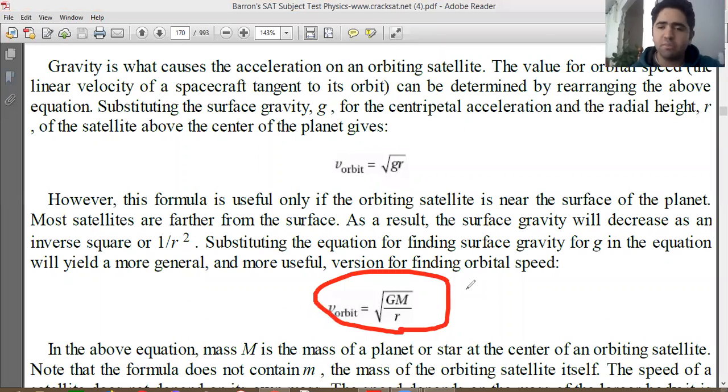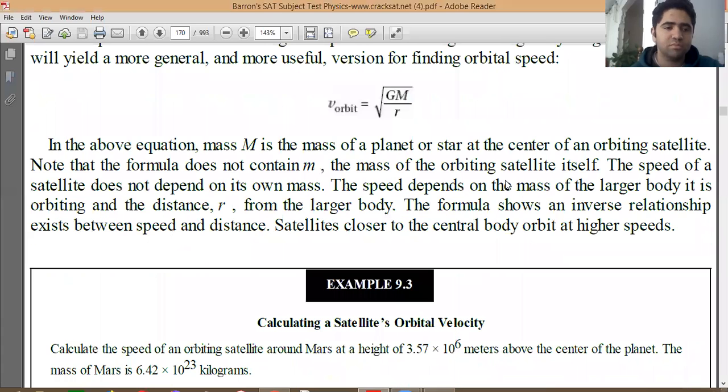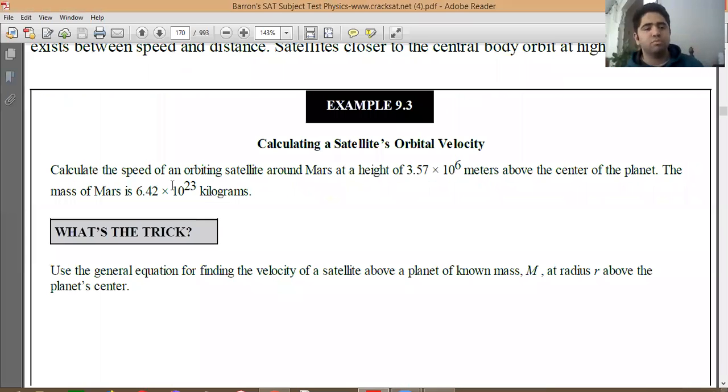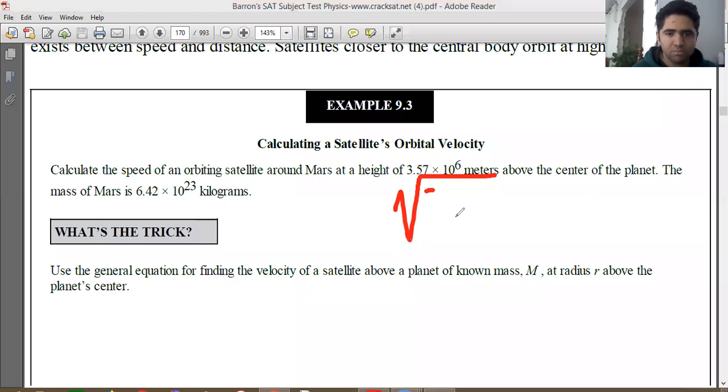But if you're not given the mass, you can always use the other formula as well. So: calculate the speed of an orbiting satellite around Mars at a height of 3.57 meters above the center of the planet, and the mass. So in this instance, you're always going to use root GM over r.